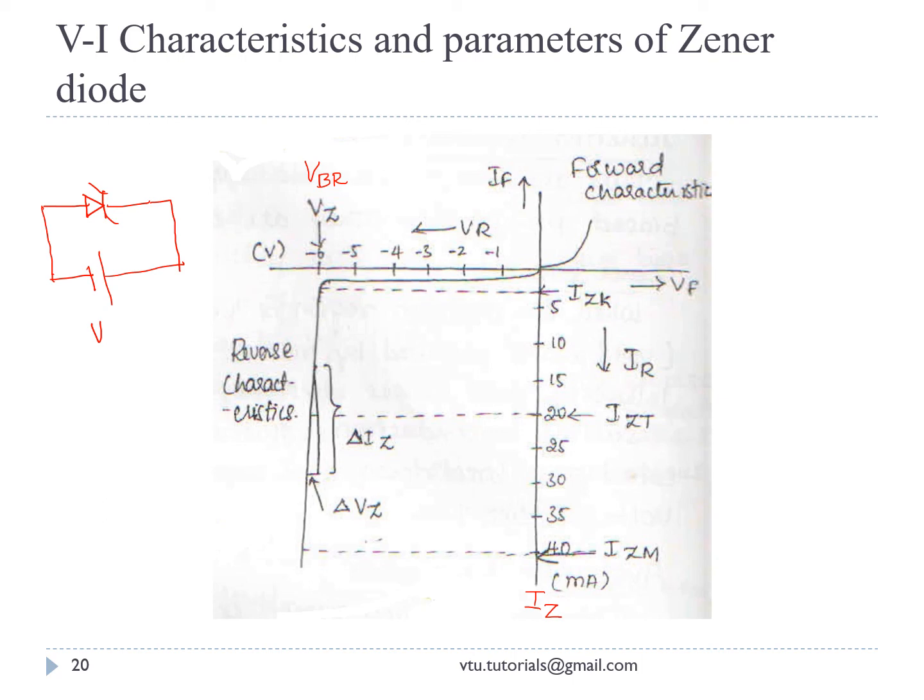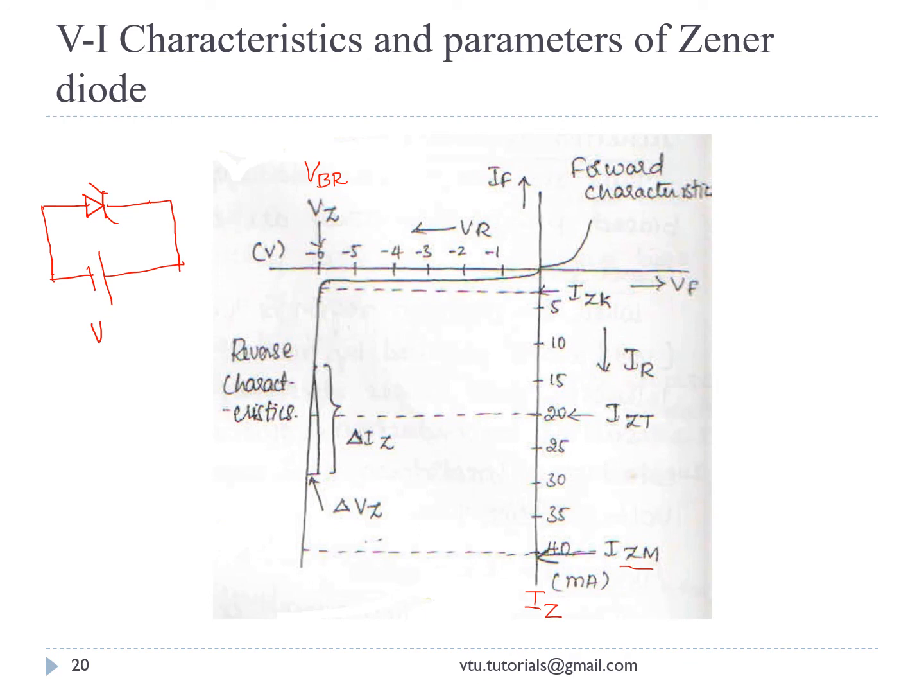This is the maximum Zener current that is essential to limit and maintain the constant voltage Vz. Above this current, there will be breakdown of the Zener diode. So to maintain a constant voltage Vz, we have to maintain the current between Izk, the minimum value of Zener current, and Izm, the maximum value of the Zener current.